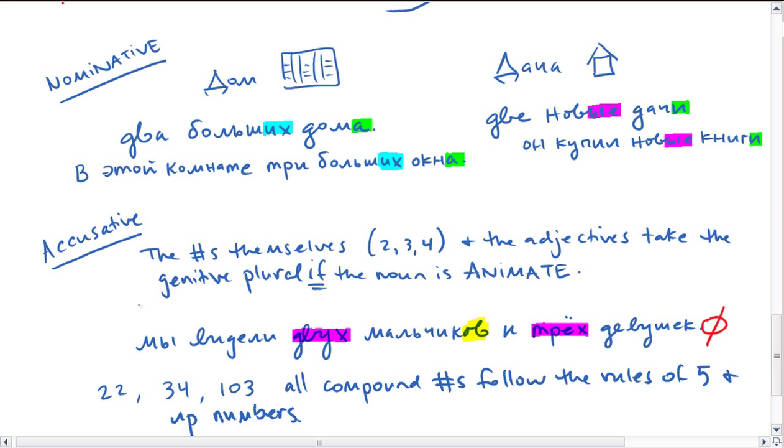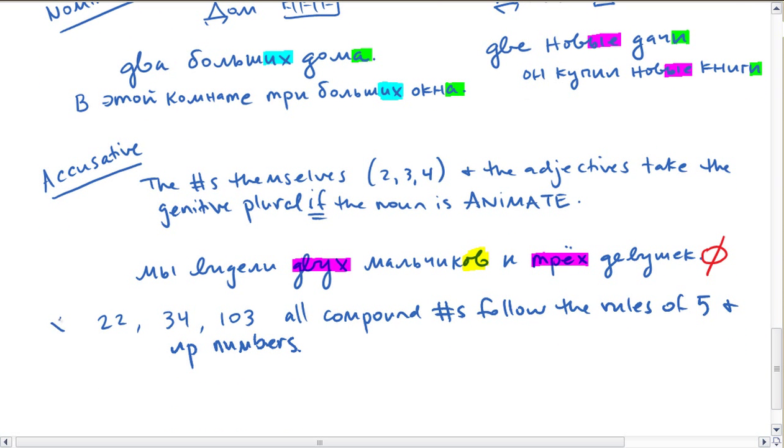So this rule, this accusative animate rule, is only true if you're talking about the number 2, 3, or 4. So that's a little disclaimer.